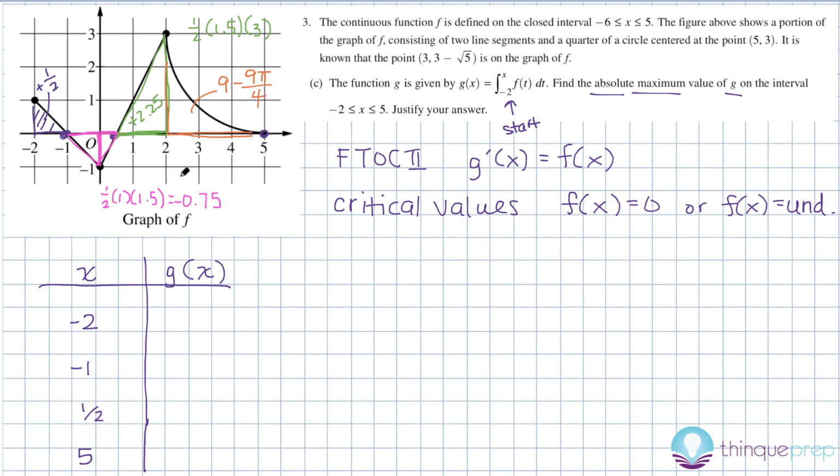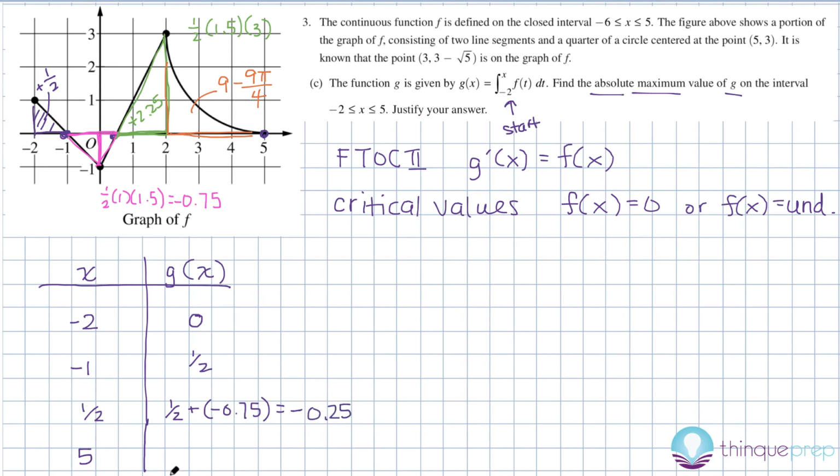So given that we split up our figure, we can start accumulating our values. So at -2, since our starting point is at -2, there's no area accumulated right here. So g of x is equal to 0. Between -2 and -1, we have a +1/2 that's accumulated. And then at 1/2, we start at 1/2, and then we add that negative triangle. So it's 1/2 plus -0.75. So the total accumulated area is -0.25.